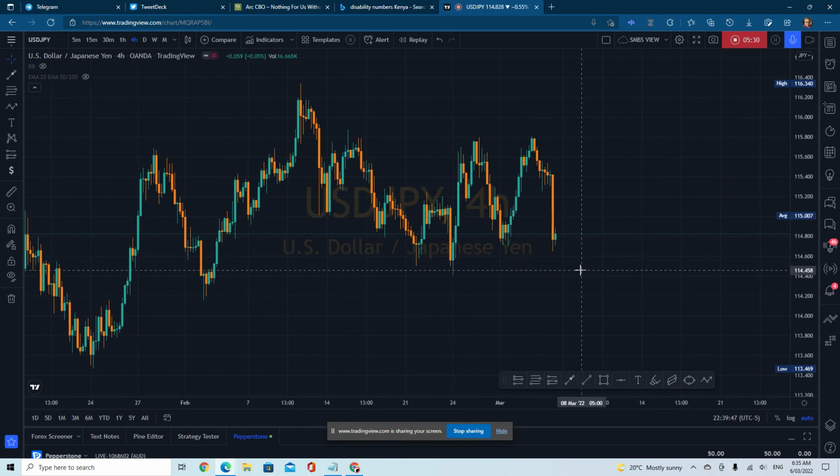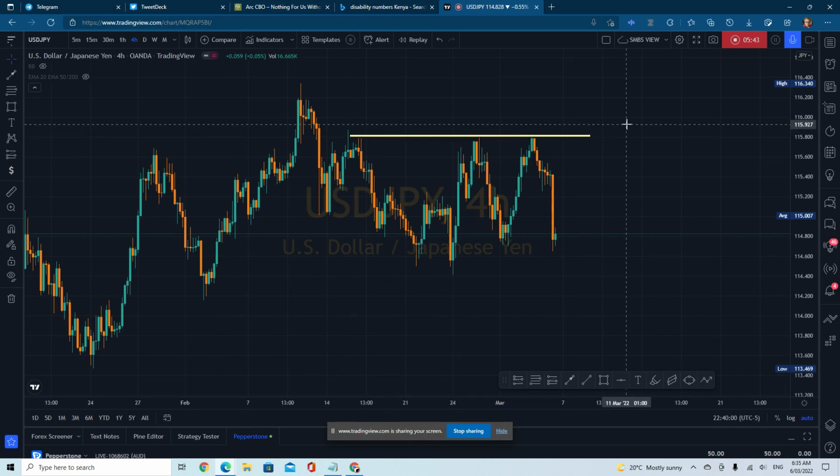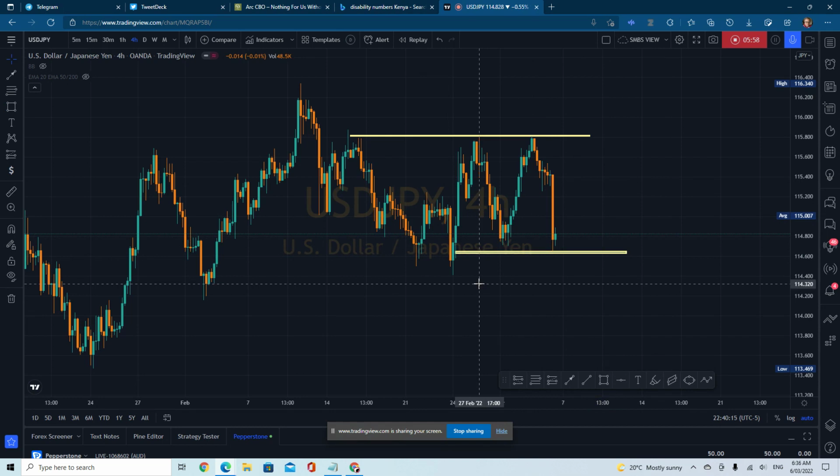So where I'm looking at where the money is at, I'll try to check at these double tops and double bottoms. For example, if I look at here, we have these equal tops or double tops there. And if I was looking at the downside, this area will mark a very good area, because at times when you're looking at the market, you don't exactly just look at the exact price, but you can look at the exact region or level.